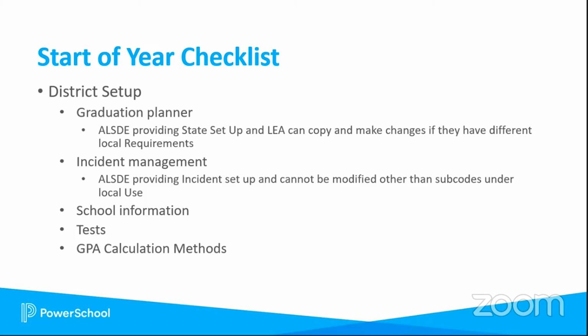Your application specialist has probably reviewed a list of the closed schools that was provided by the ALSDE, and some of those may need to be added, maybe not all if they haven't been active in the last 5 years. But in order to get the accurate enrollment history, some closed schools will have to be added into PowerSchool.